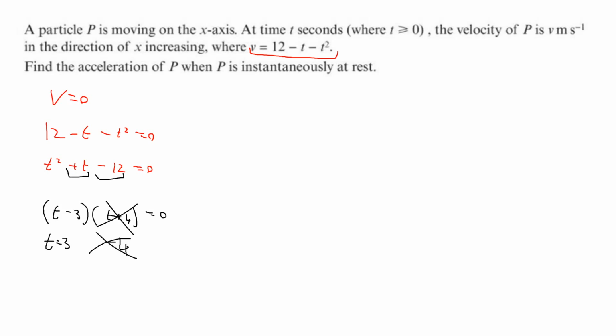Now, we know the time that we're looking for. Remember, though, if this is the velocity function, how are we going to work out the acceleration function? Remember, if v is a function of time, then the acceleration is the gradient of the velocity.